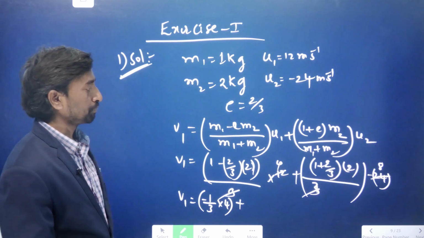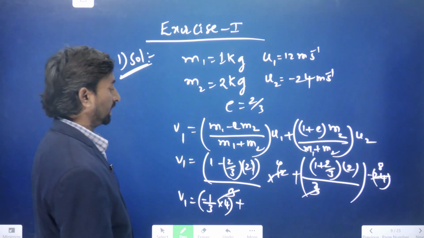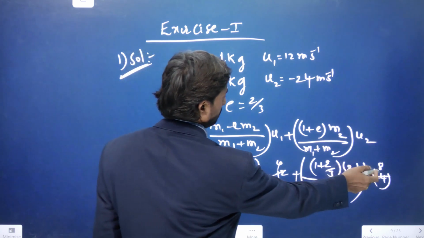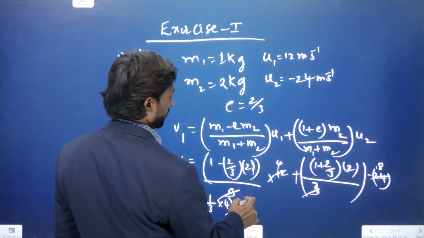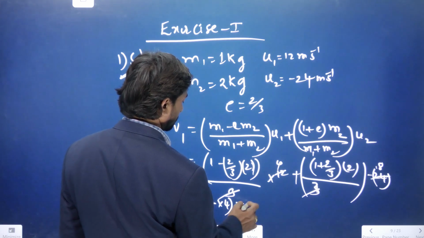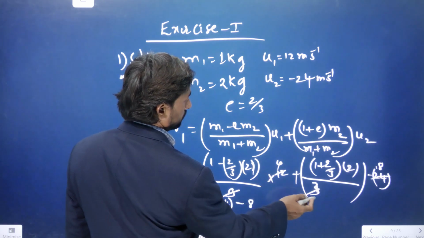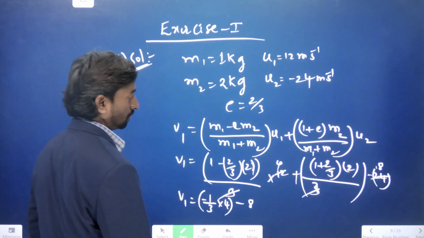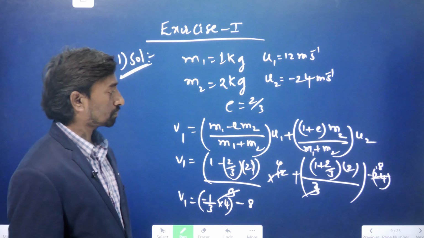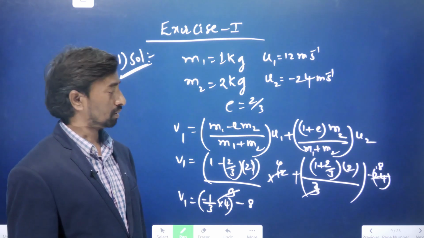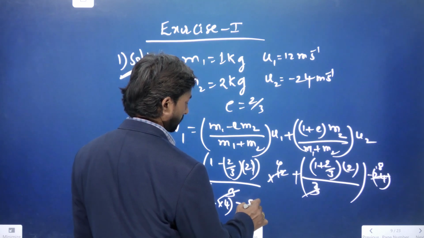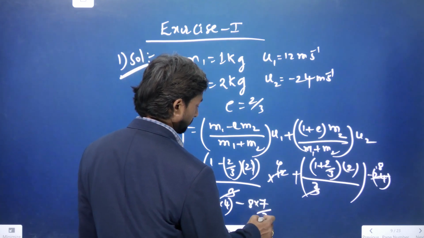Because of the minus, we get minus 8 into, if you multiply, 1 plus 4 by 3, which means 7 by 3. So 7 by 3 we can write here.